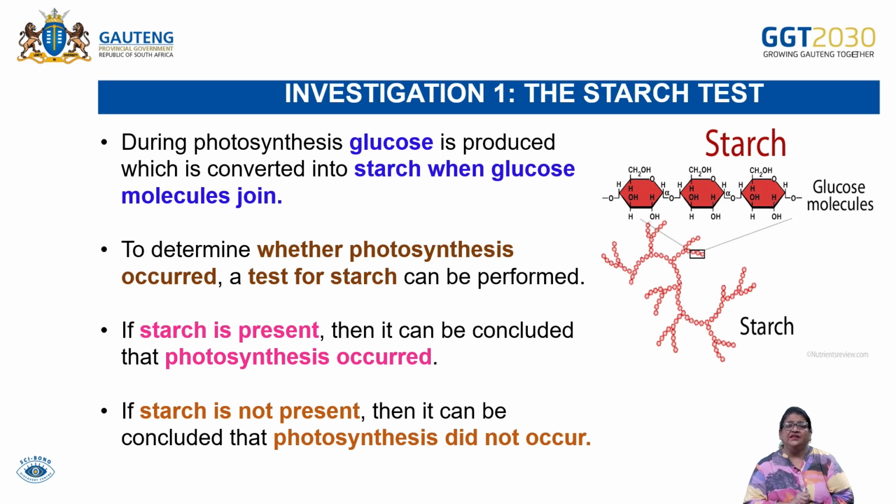Now here is the investigation, the starch test. So learners, these are very important factors that you need to know. During photosynthesis, glucose is produced, which is converted into starch when glucose molecules join. So here is your glucose.